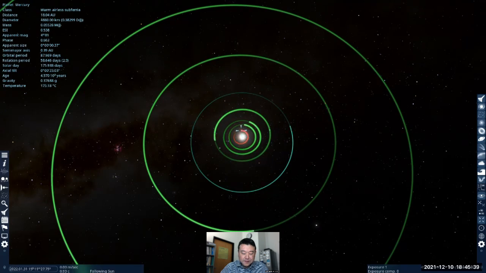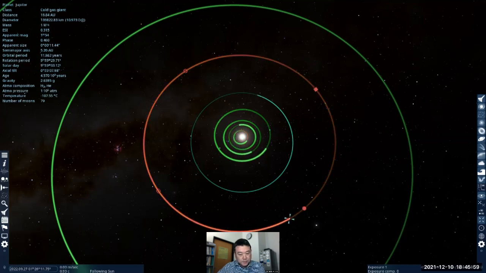Okay, so in this time scale where every second is about half a month, maybe, you can see how quickly Mercury is orbiting, how quickly Venus is orbiting, how quickly Earth is orbiting, how quickly Mars is orbiting, and how quickly Jupiter is orbiting. And I hope you can see that these inner planets are moving faster.